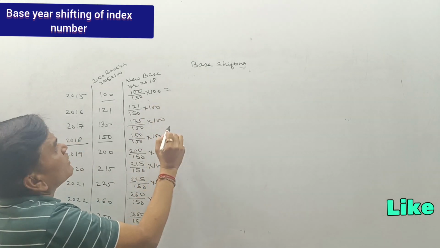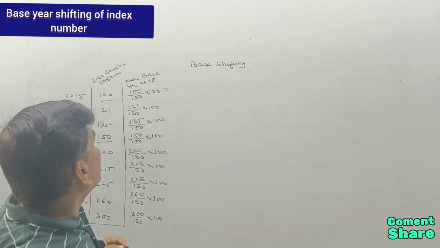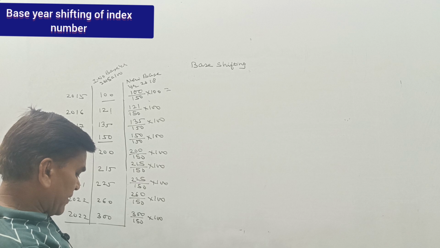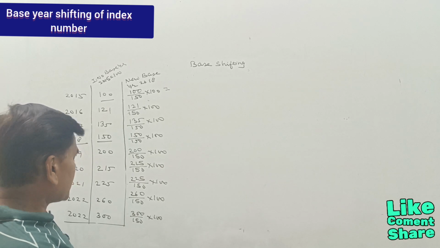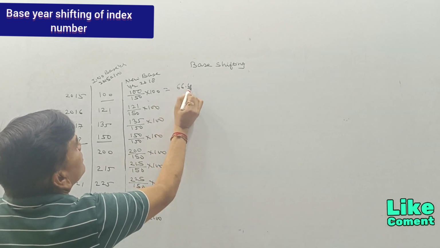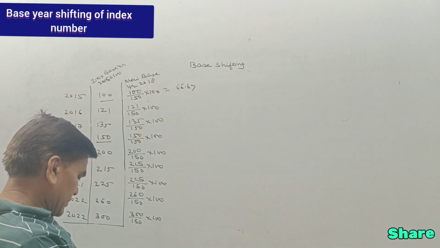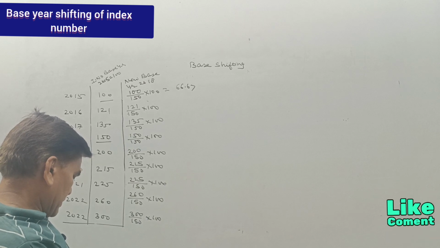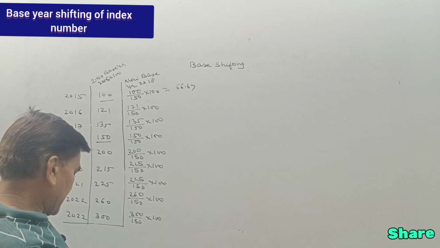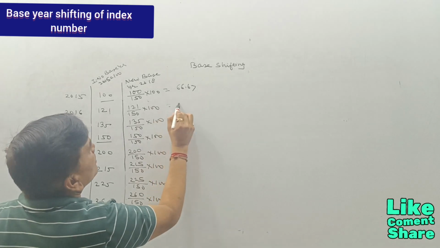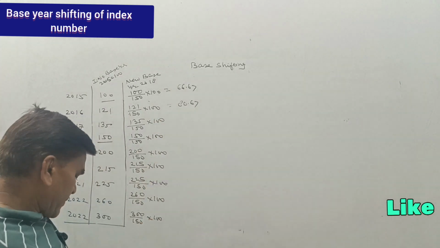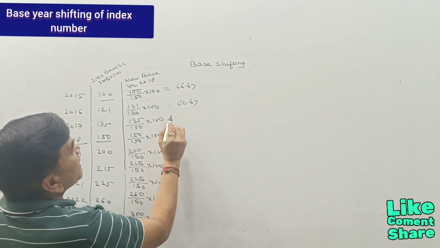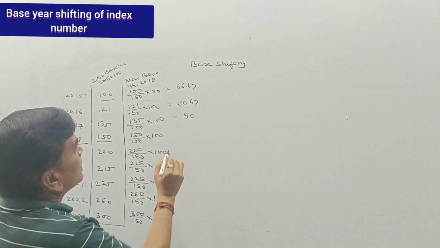So this base shifting will give: first, 100 divided by 150 multiplied by 100 is 66.67. Then 121 divided by 150 multiplied by 100 is 80.67. Then 135 gives 90, and that will be 100.